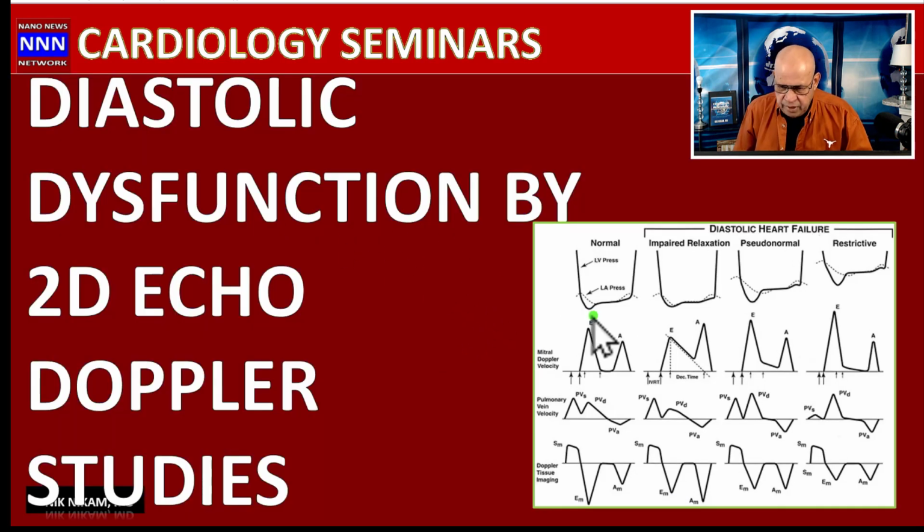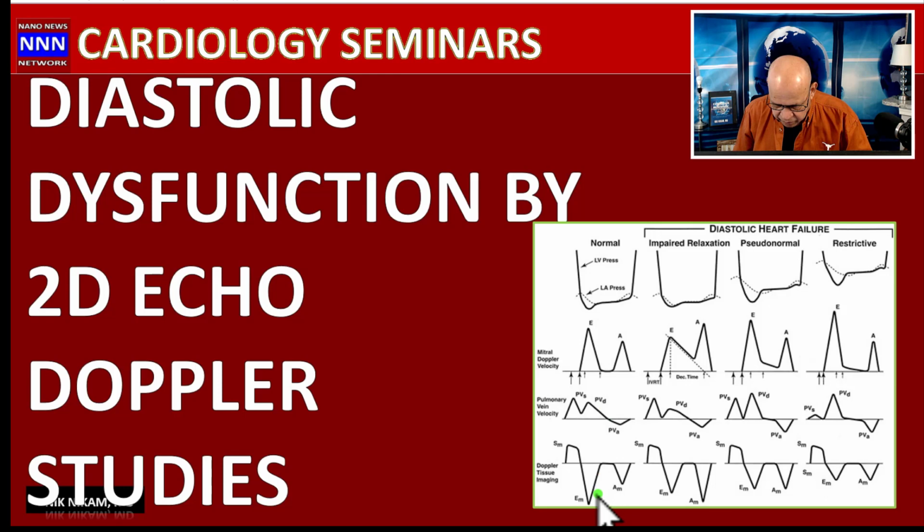Diastolic dysfunction. Here we can see the left ventricular and the atrial pressure mapped here. This is the normal function of the mitral Doppler, where we have the E wave due to the ventricular filling, followed by A wave related to the atrial contraction. And this is the mitral valve Doppler velocity.